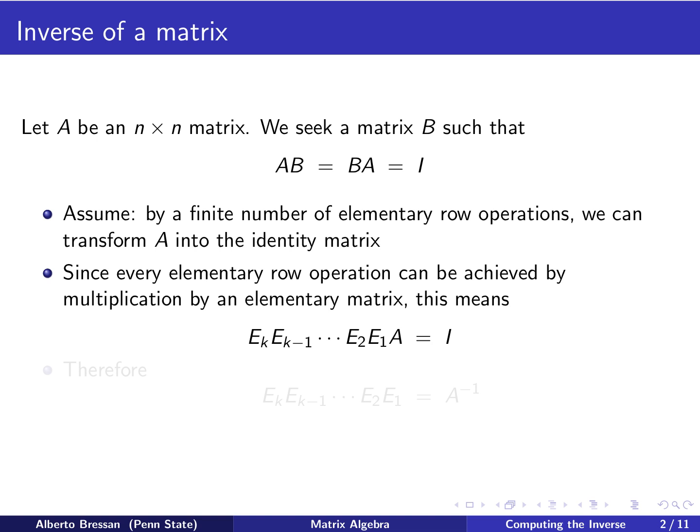Then I can multiply all these matrices on the left of A, and this will give me the identity matrix. So if you multiply this group of matrices first, you get a matrix, and this product times A is identity. That simply means this matrix is the inverse of A. Okay, so this is the basic idea behind the algorithm that we're going to introduce now.